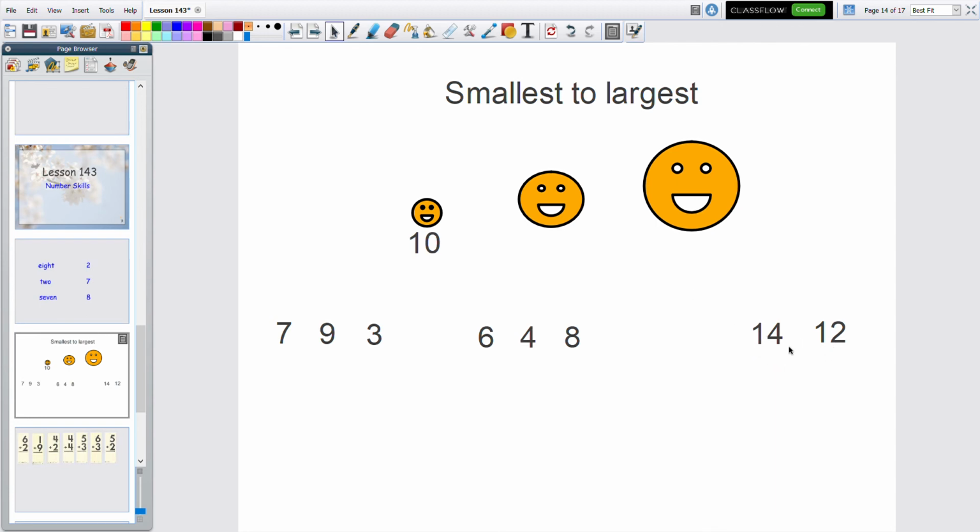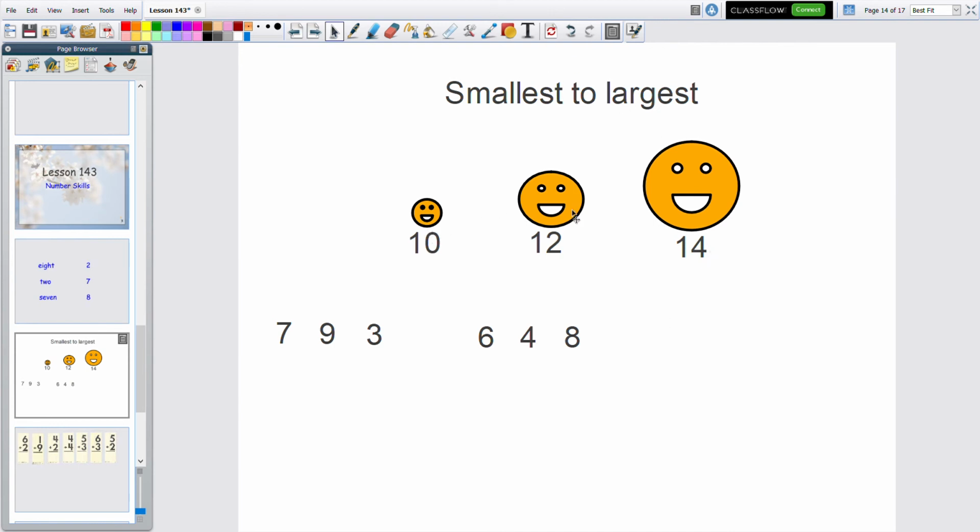Which one's smaller? So the 12 is smaller. It's bigger than the 10, but smaller than that. It's an in-between number. So the 14 would be next. So we have 10, 12, 14. Very good.